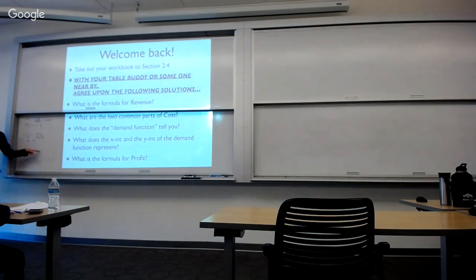So you should always expect a demand function to be going down, down, down. Because if you want more people to show up, you're going to have to lower the price to get the attention of people who otherwise wouldn't be interested. So what are these two humorous points on the demand function? What is the humor of the y-intercept, and what is the humor of the x-intercept? Who wants to do one of them? Which one do you want to do?